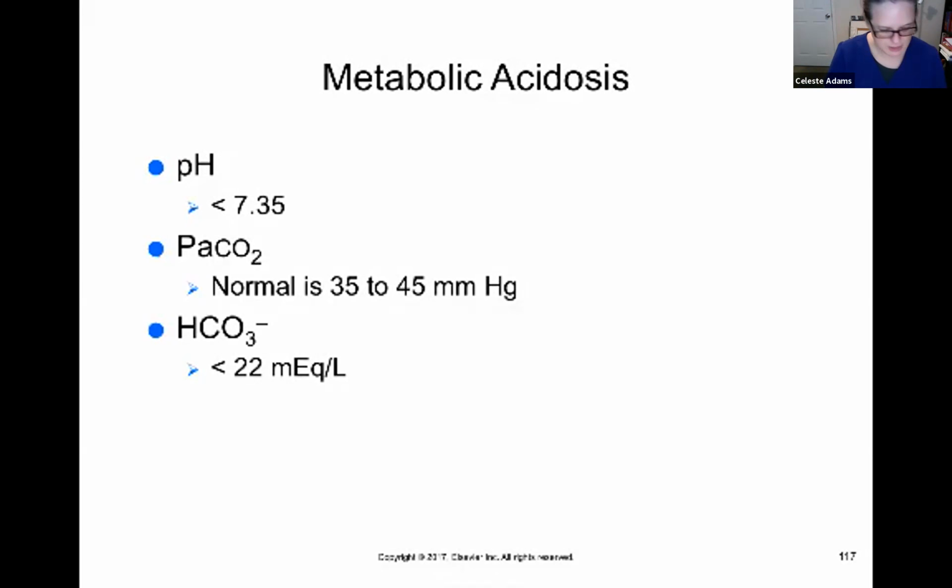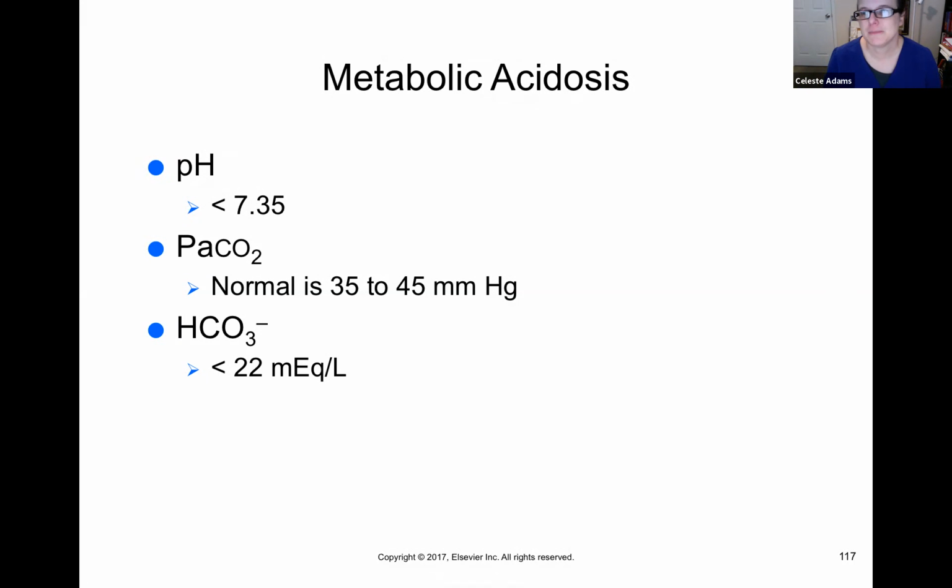Now we're going to talk about metabolic acidosis. Metabolic acidosis is when you have too much acid still, or more along the lines of, I said that wrong, scratch what I just said.